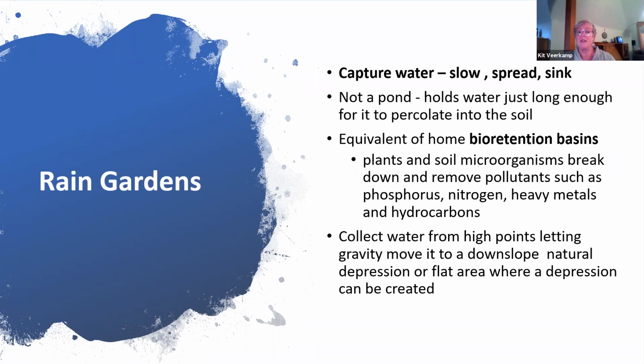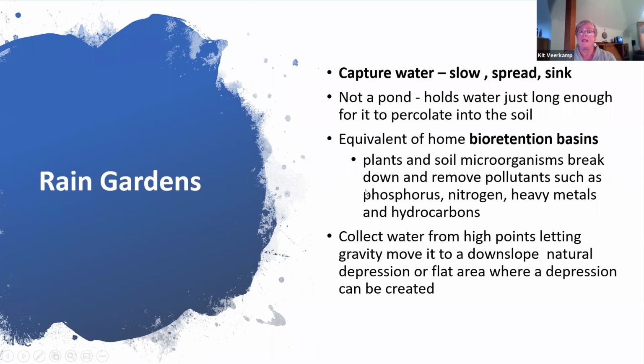So a rain garden is the equivalent of a home bioretention basin. You're seeing bioretention basins utilized in shopping centers and public projects more and more, because now they're not just sending it down storm drains, they're trying to capture it on site.